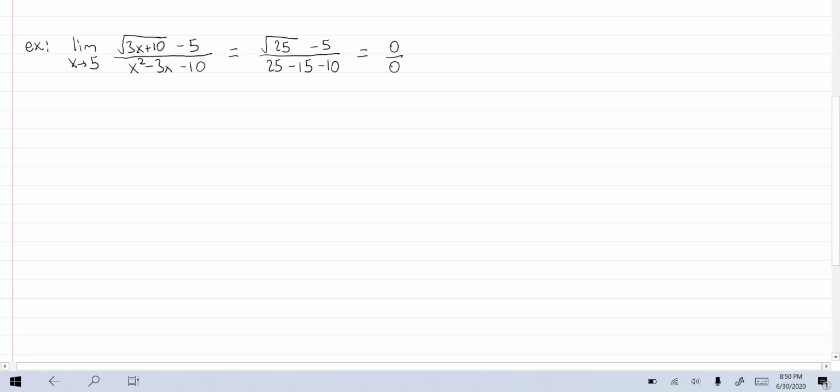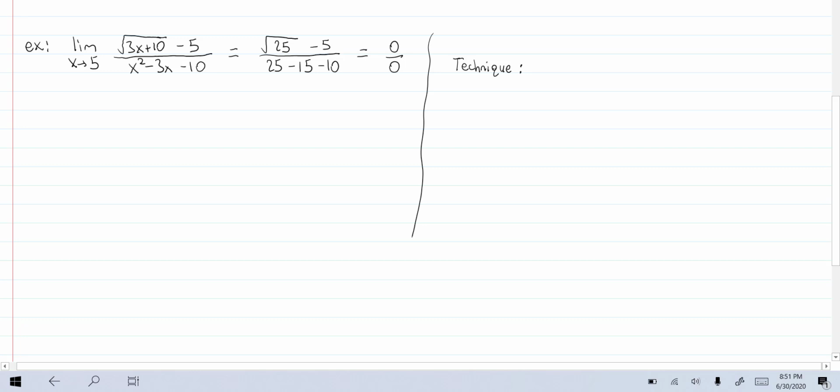Now, in this example, I don't have a polynomial over a polynomial, so I'm not going to be able to factor as I did in the previous examples. In particular, I'm not going to be able to factor my numerator that has that square root inside of it. So if you have a limit that has a square root in it, we have a certain technique for dealing with these types of limits.